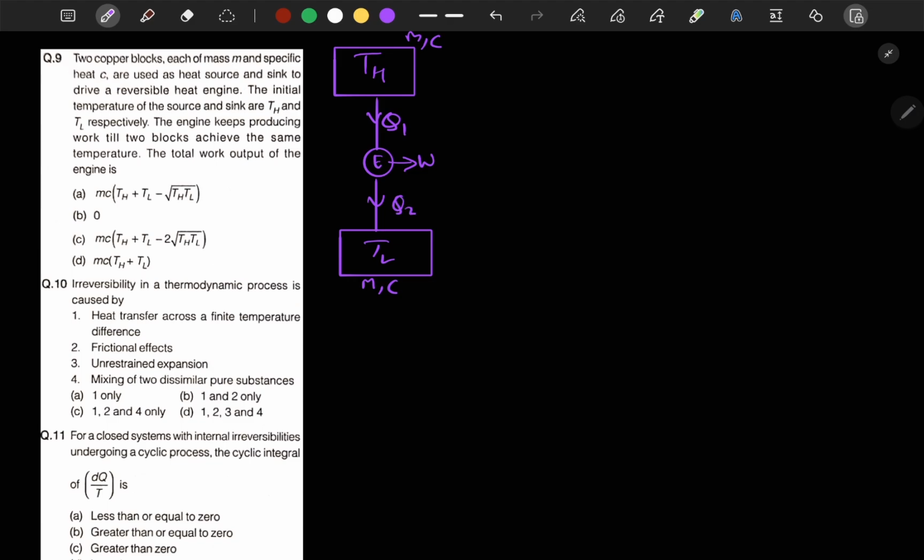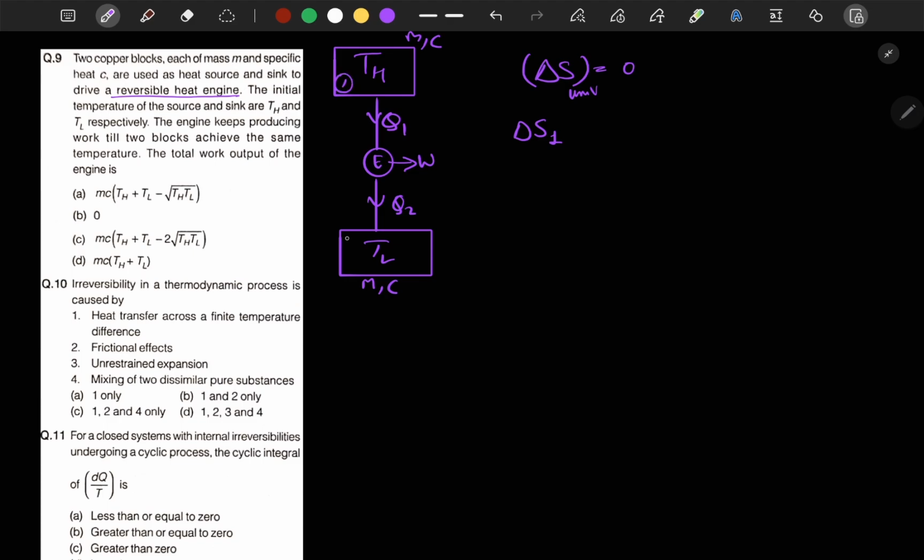Since this is a reversible heat engine, delta S of the universe is equal to 0.